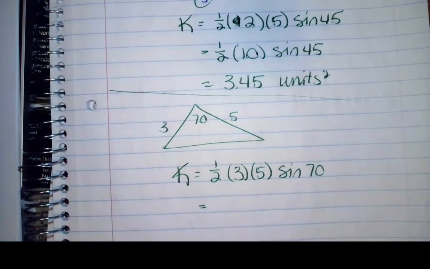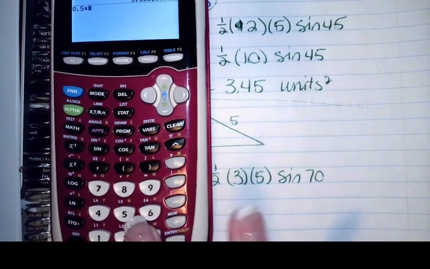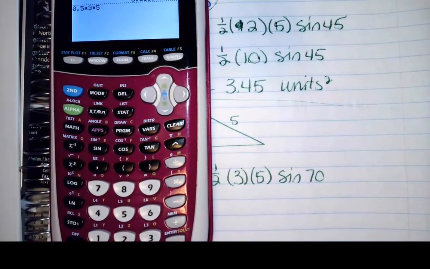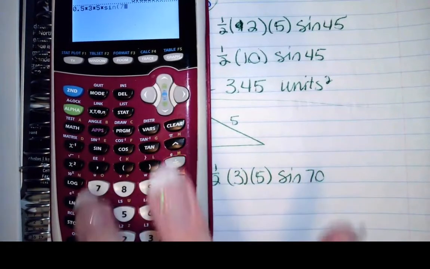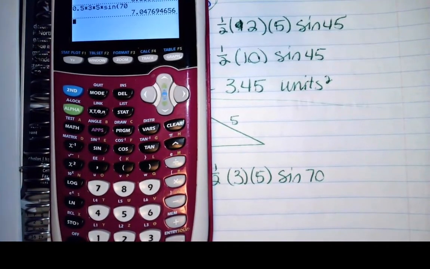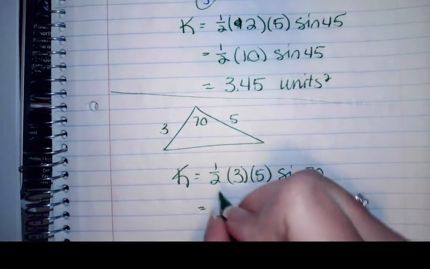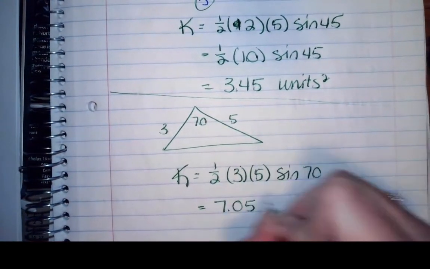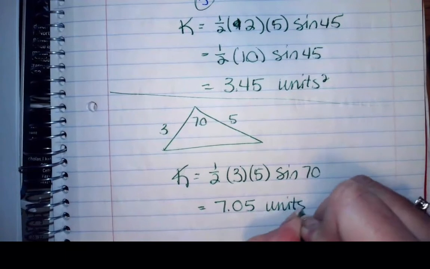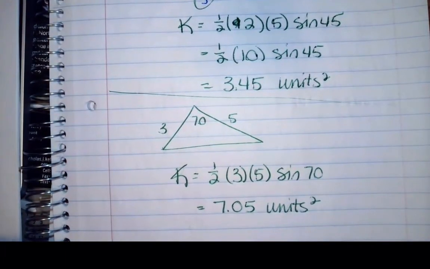So I've got half of 15. So half times 3 times 5 times the sine of 70 degrees gives me 7.05. So this has an area of 7.05 units squared.